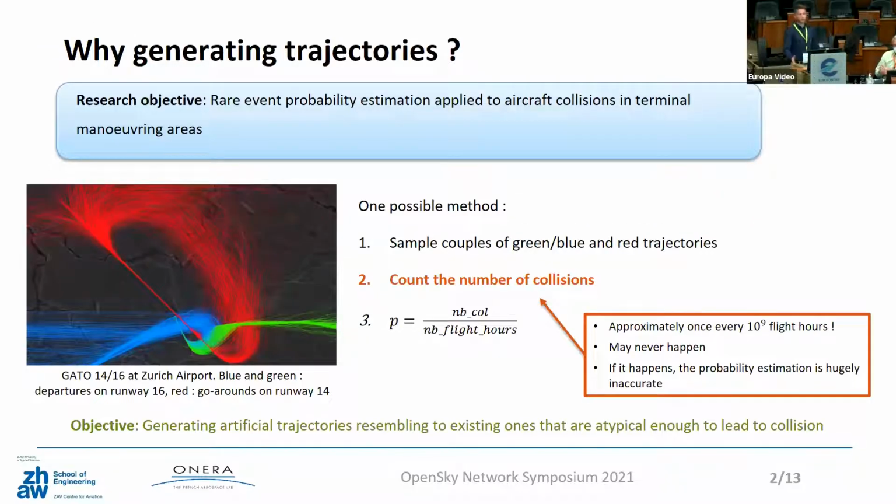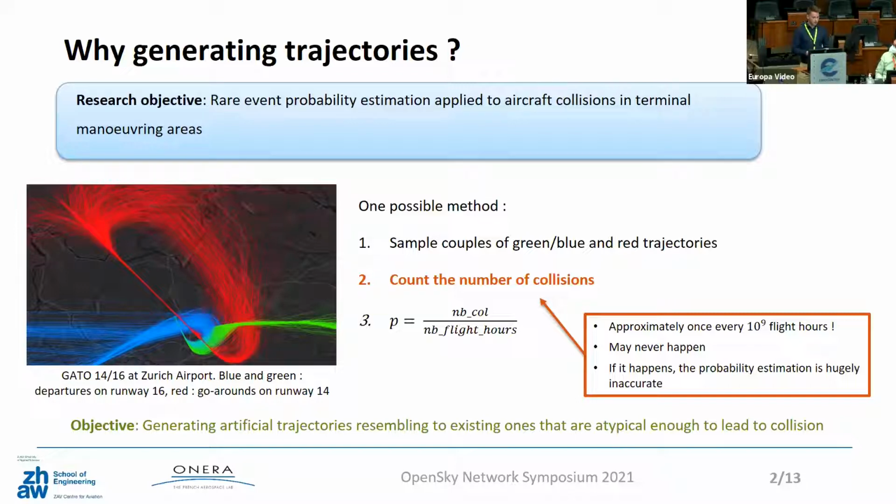First of all, why do we want to generate trajectories? This is pretty simple, actually. My main research objective is to estimate rare event probabilities applied to aircraft collisions in terminal and maneuver areas. And this is particularly useful for one problem we had at Zurich airport, which is the Gato's 1416 problem.